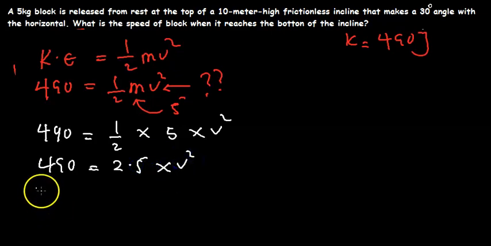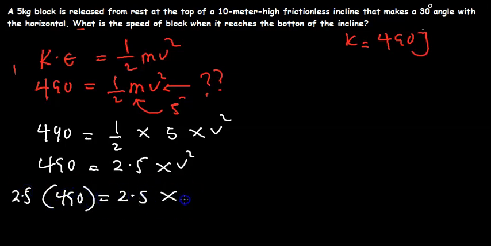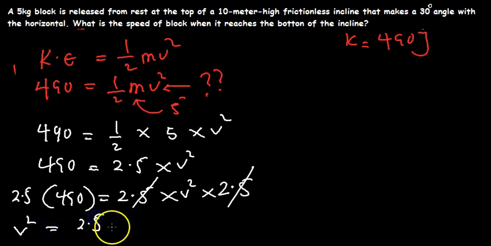So we can simply make v squared the subject of the formula. Right? To make it easier, we can choose to divide both sides by 2.5. The 2.5 will cancel out, and you're going to be left with v squared as the subject of the formula, which is going to be 490 divided by 2.5.